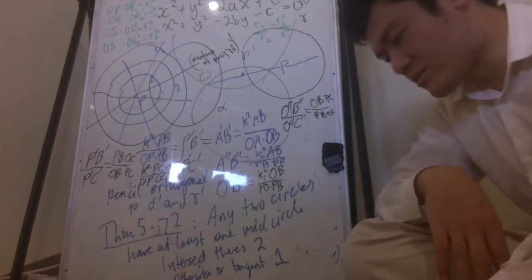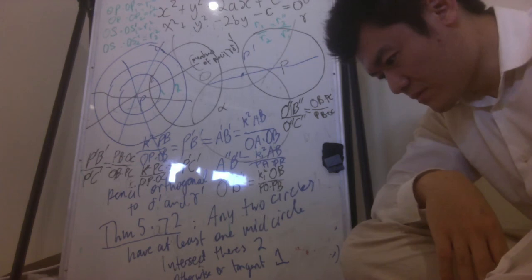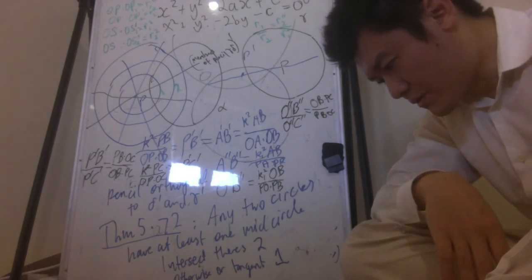Wait, did they start with two arbitrary pencils? We started with alpha and omega. We inverted omega in alpha to get beta. Yeah, it belongs to the pencil alpha omega. That is what it's saying. If we invert alpha and beta, we get omega, and vice versa.